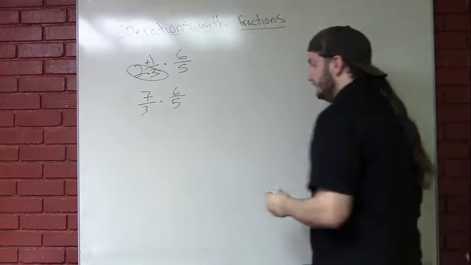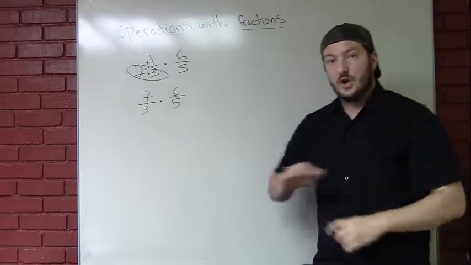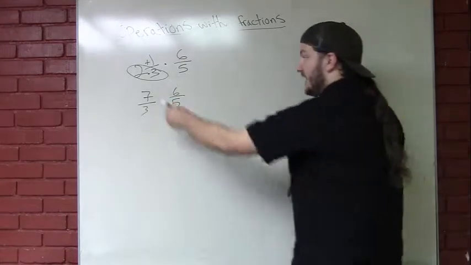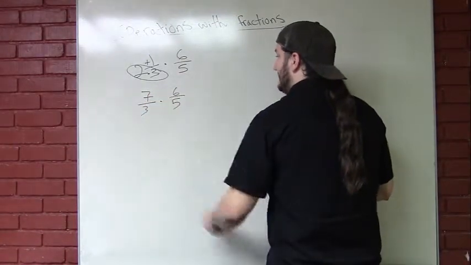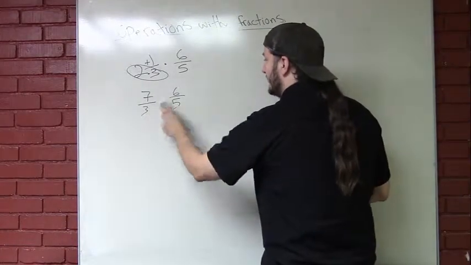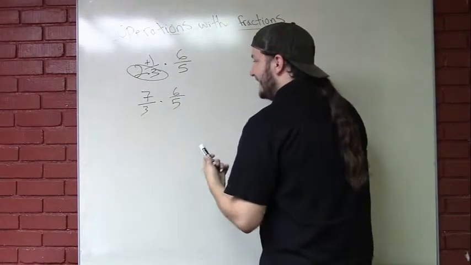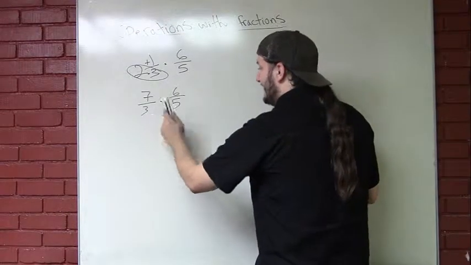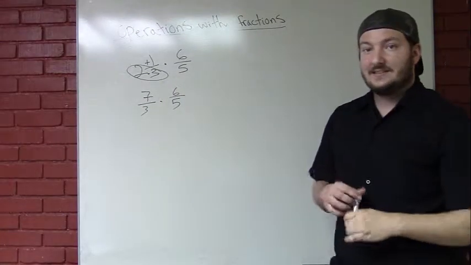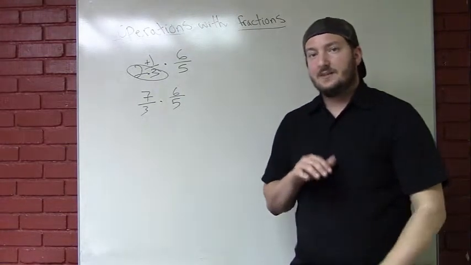Okay? Now, before you just go multiplying these guys across, always check the diagonals, okay? You want to check here and here. The 7 and the 5, nothing can reduce into those, but what about the 3 and the 6? Is there any number that can go evenly into a 3 and a 6? Give me a second to think about that.